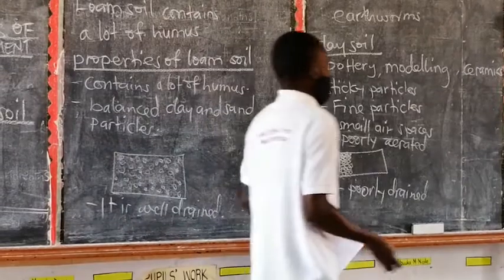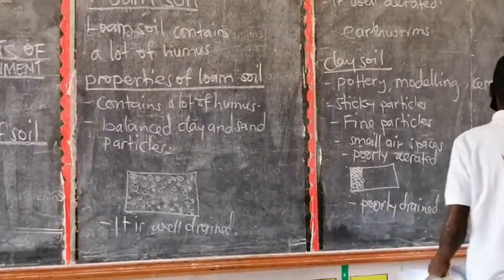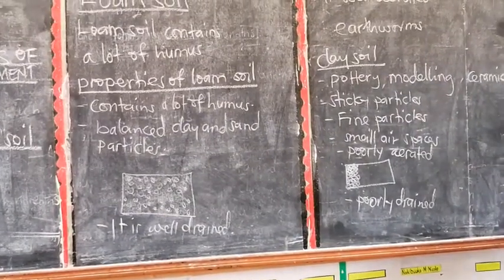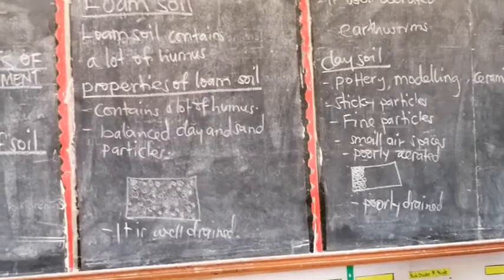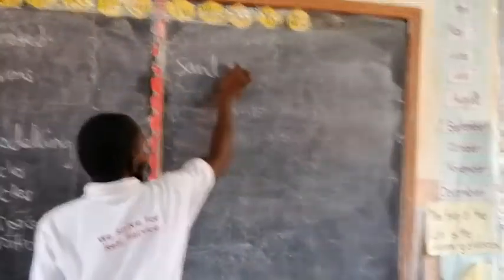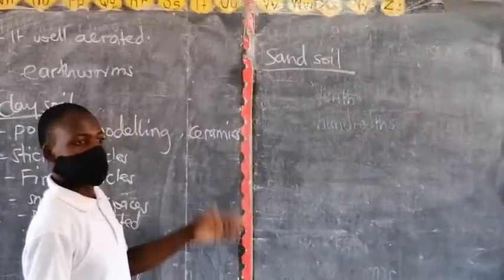Then the last type of soil we are talking about is sandy soil. Sand soil comes from sand.